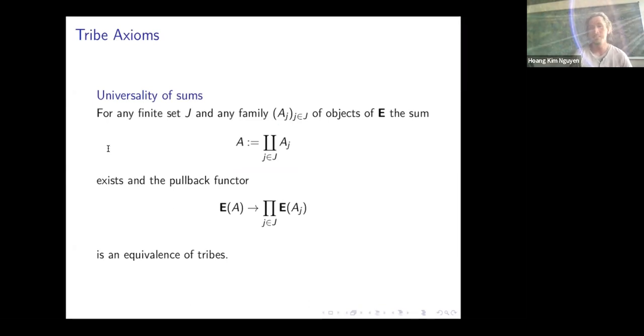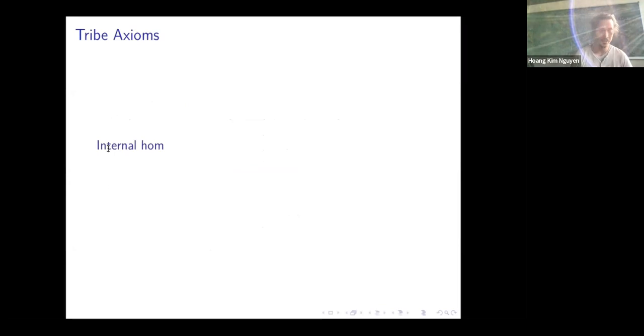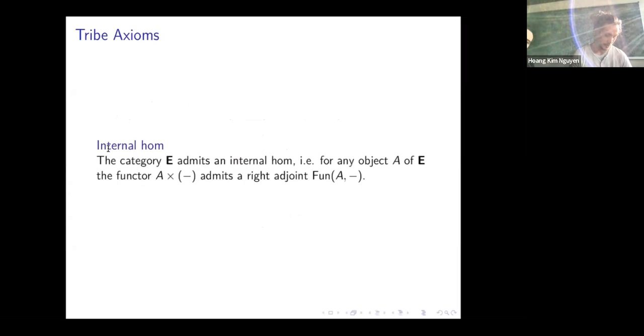Then the next axiom that we would like to have on the tribe is an internal Hom, so taking product admits a right adjoint. So far nothing out of the ordinary. As Denis-Charles already said, we don't assume to have all dependent products, but we will fix certain dependent products which give us enough power to develop the things that we want.